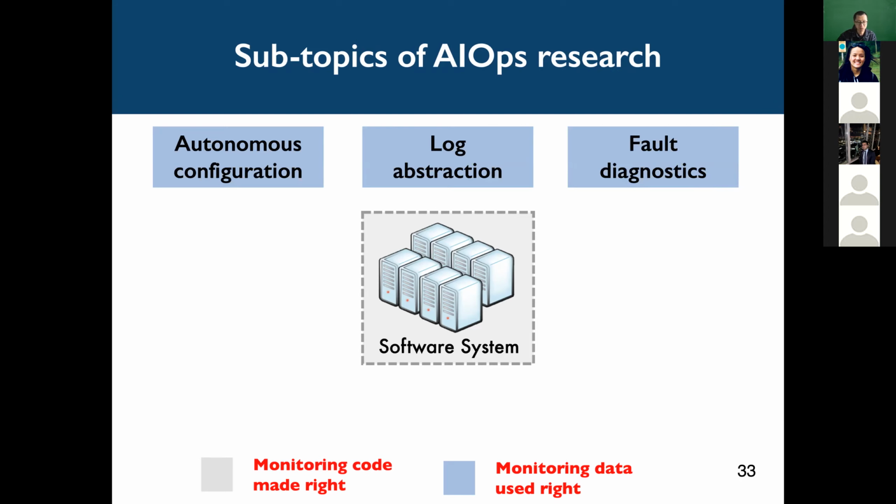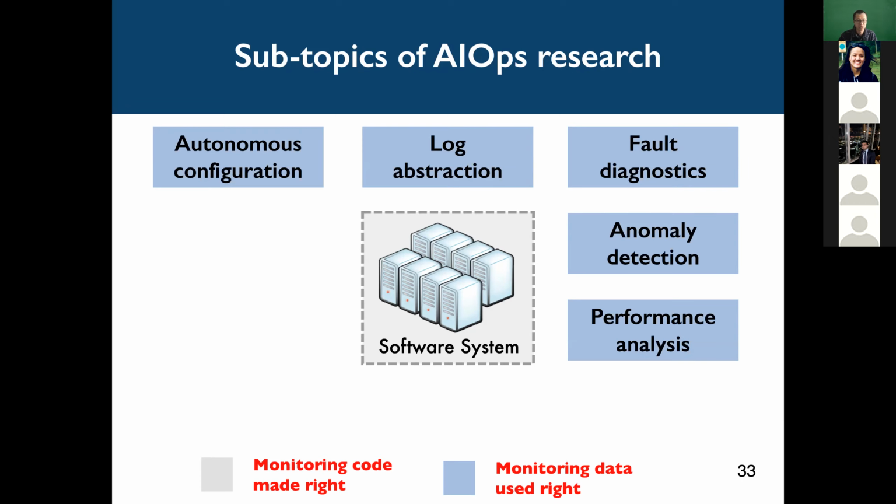There's fault diagnostics, where you use the monitoring data to debug the system, to find the root causes of the failures. Next, anomaly detection is about detecting whether there's a problem and maybe where the problem is. Performance analysis is to analyze the performance of the system.